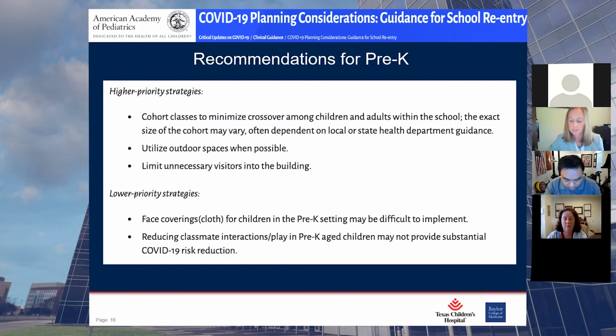It's going to be difficult to get these younger children to keep masks on, to not switch masks between each other. So those are going to be lower priority strategies for this age group. Cohorting classes, meaning minimizing any crossover between children and adults within the school, as well as utilizing outdoor spaces as much as possible, are going to be strategies that will have a higher impact with this age group.